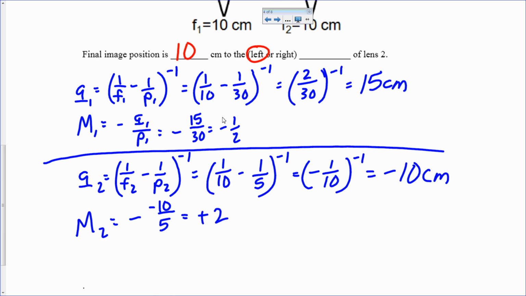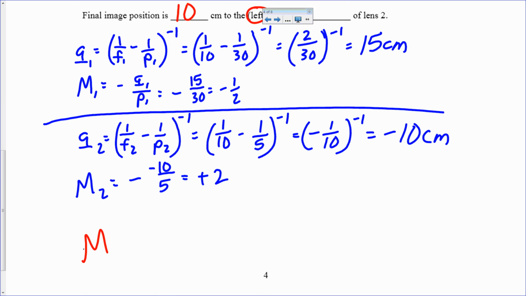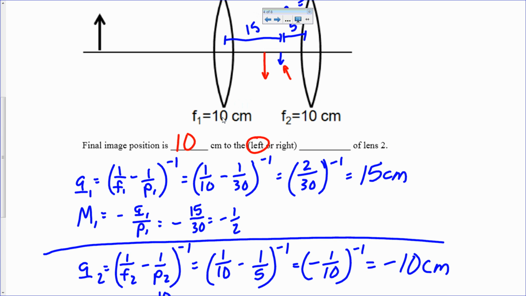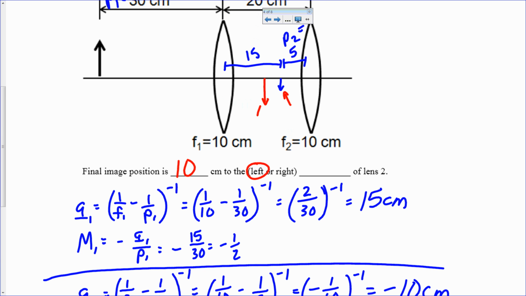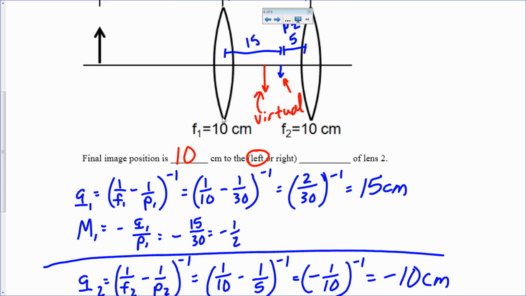And then I also wanted to know the magnification. The total magnification is M1 times M2. That's negative 1. For what it's worth, this is a virtual image, not a real image. And I know that it's virtual because Q2 comes out to be negative. So it's a virtual image. It can be seen but not projected onto a screen.